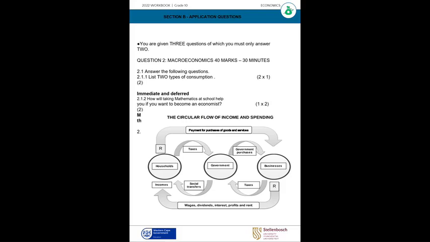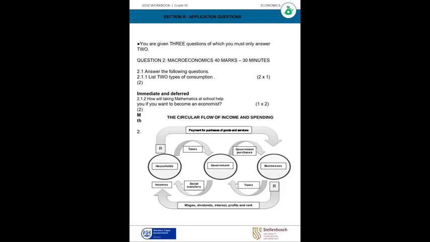And here they've given you the circular flow of income and spending, and they've given us very specific things here, and probably this is not the way in which you normally see the circular flow, but this is just to show you that there are various ways in which a circular flow can be represented. But there you have your household, you have your government, you have your businesses, right?